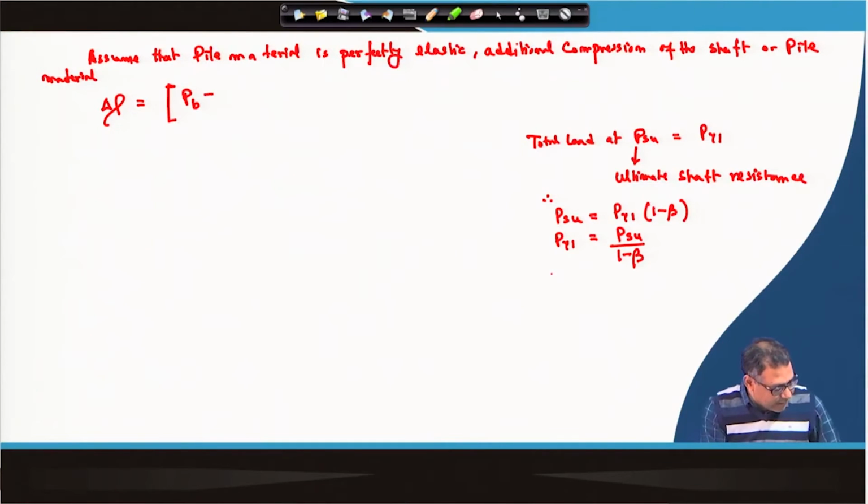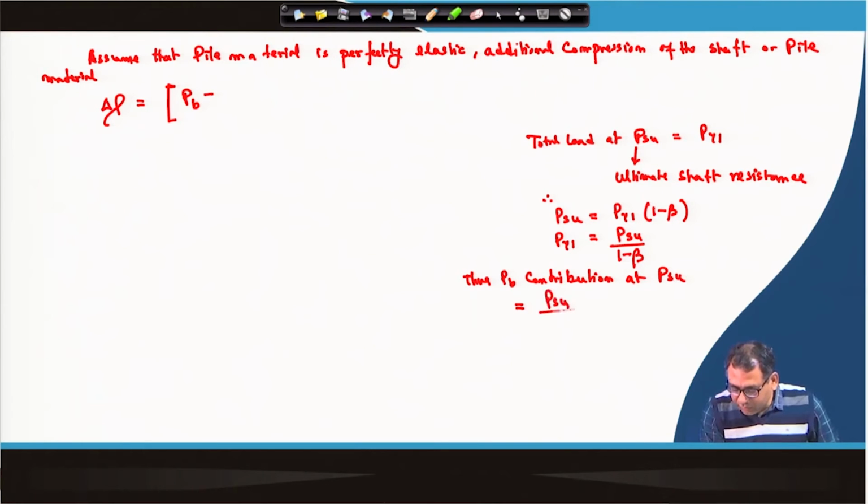So, the P B contribution at P S U will be equal to the total load P S U by 1 minus beta, into beta, that is, the beta portion transferred to the tip. So, I can write this as P S U beta by 1 minus beta.